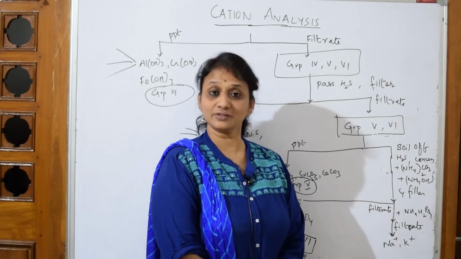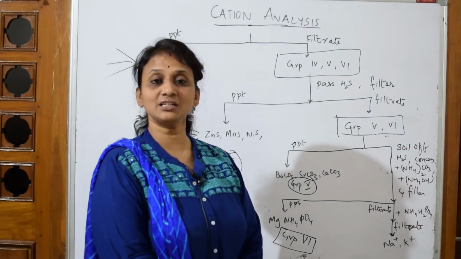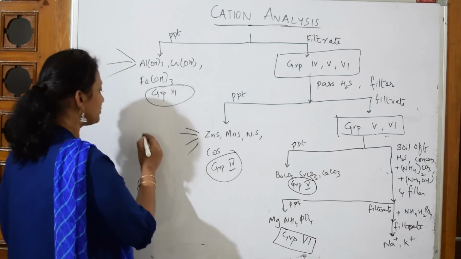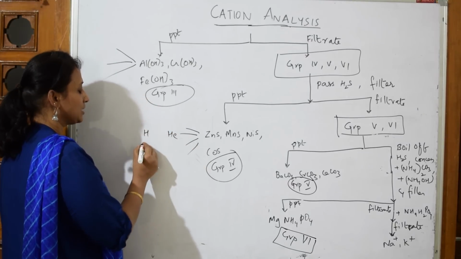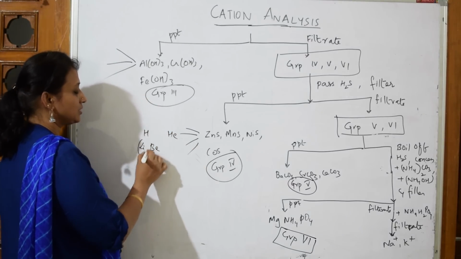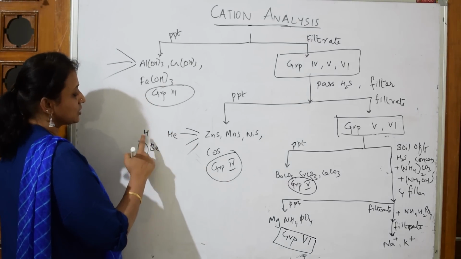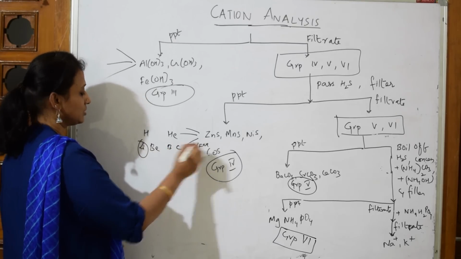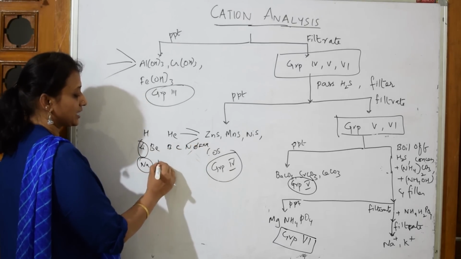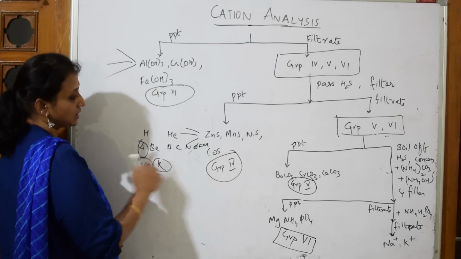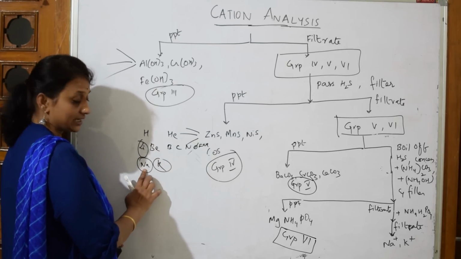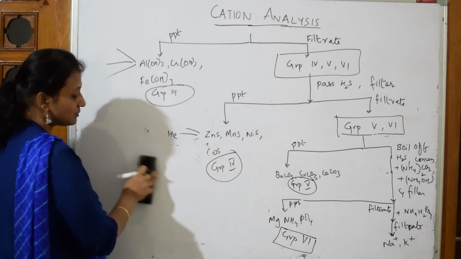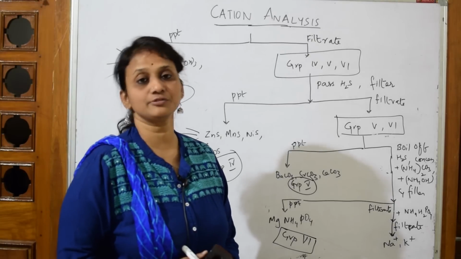You would have seen this in the periodic table. Hydrogen, helium, lithium, beryllium, boron, carbon, nitrogen, oxygen, fluorine, neon, sodium, potassium. So here I can test for sodium cation and potassium cation also. How do I test? I can test it using ammonium hydrogen phosphate.